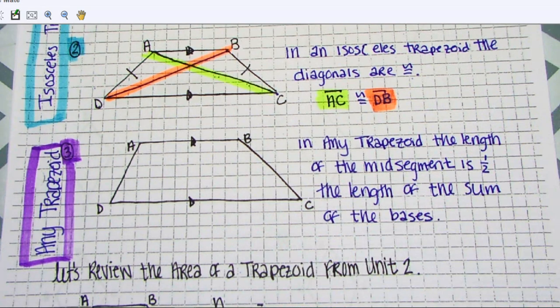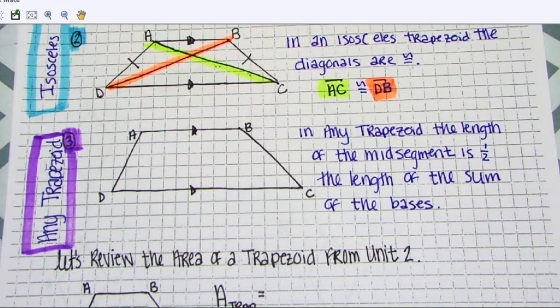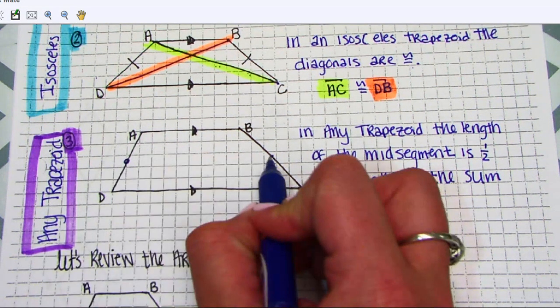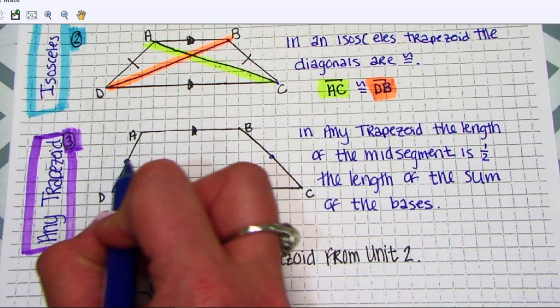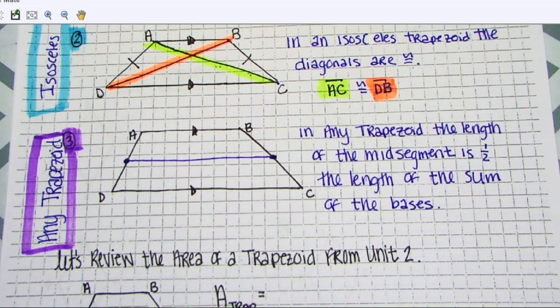So this final theorem about trapezoids works on any type. It involves the mid-segment, which connects the midpoints of the legs of the trapezoid. So connect here, and this is our mid-segment measure. The mid-segment goes through it.